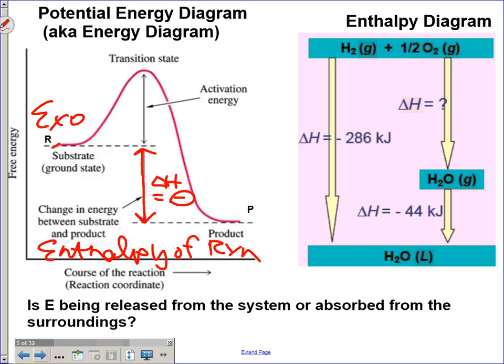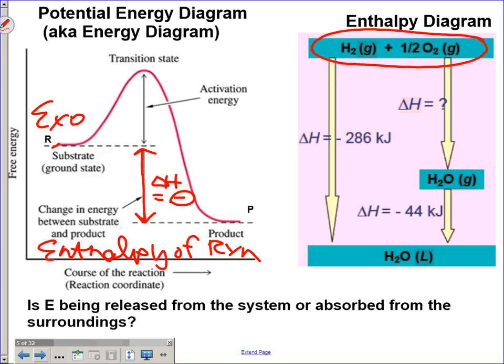Okay, so over here, it's actually supposed to be resembling kind of the same reaction. But in this case, the reactants are where the arrows start, and the products are where the arrows end. The reactants in this case are H2 plus half an oxygen. You can see that these are reacting to form water, but it's giving you two reactions at the same time.